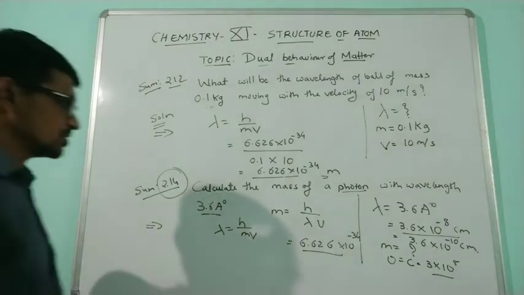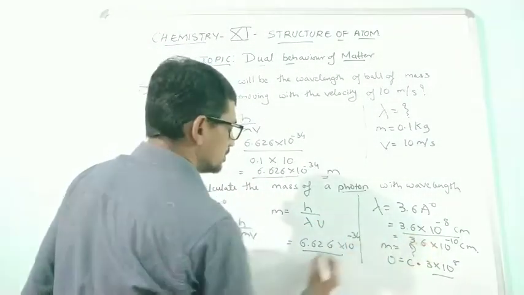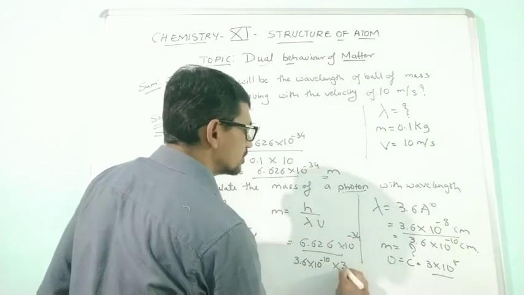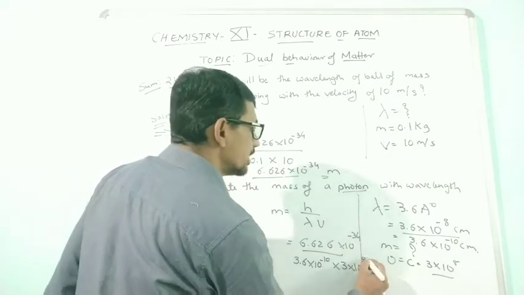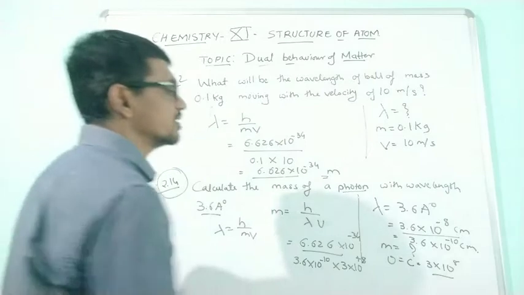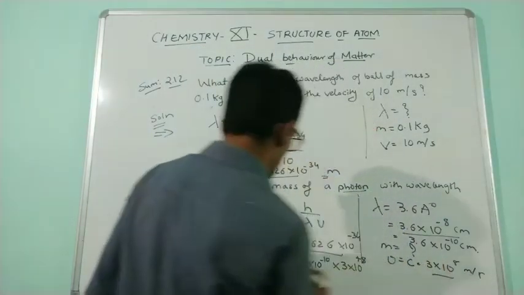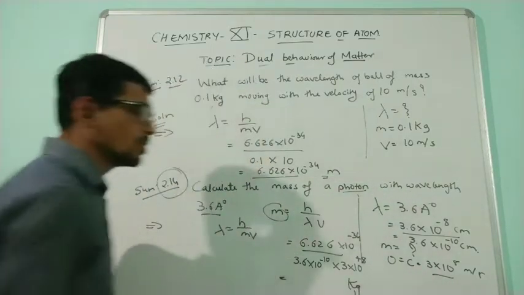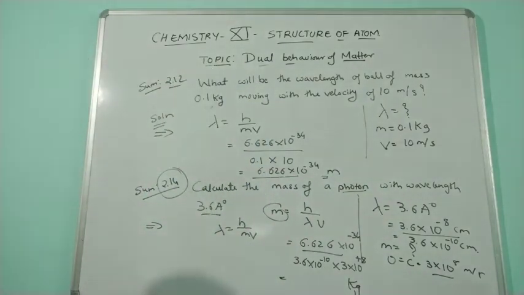If you put the value, λ is 3.6 × 10^-10 multiplied by 3 × 10^8 meter per second. If you solve this, you will get the mass in kilogram.